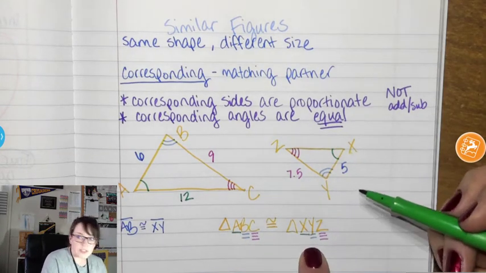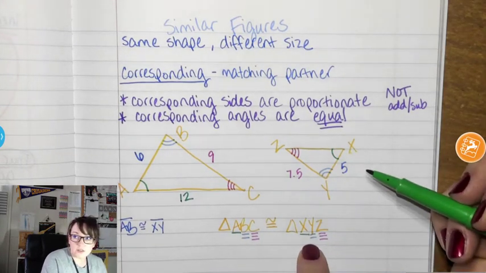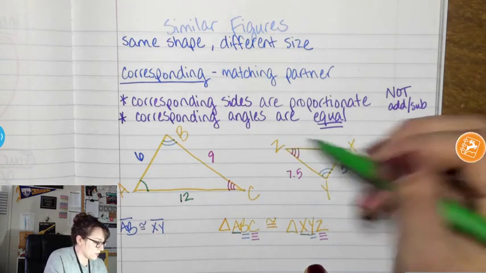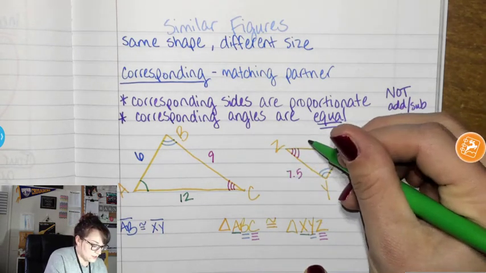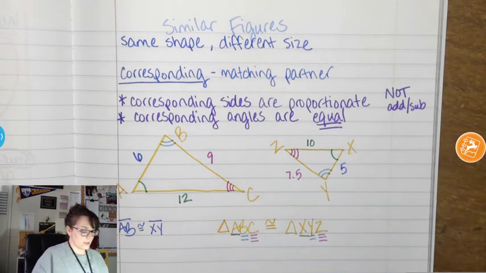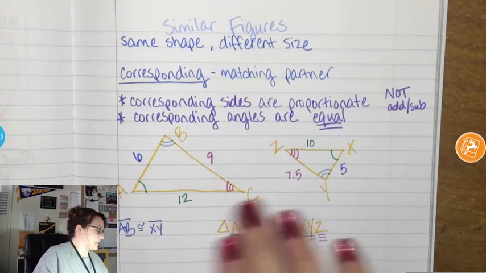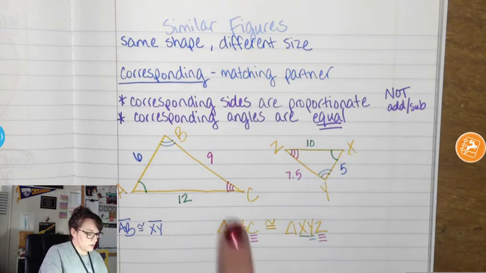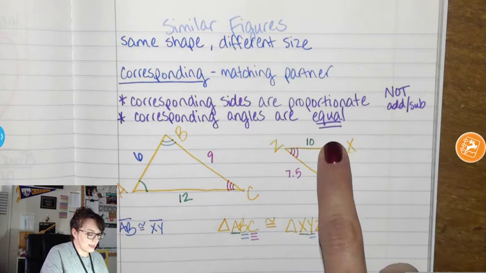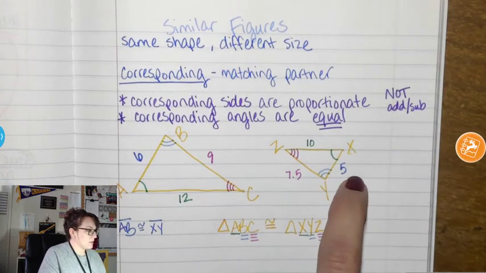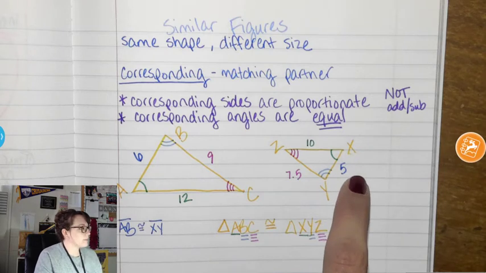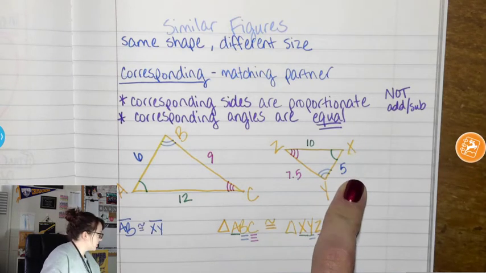And the first letter over here is X, and the last letter is Z, so this is the line that goes with it, and it is 10. Now, the relationship between these numbers is not obvious. We have 9 and 7.5, 12 and 10, and 6 and 5. Some of you are going to say, oh, you just blah, blah, blah. Yes, okay. Sometimes people don't see the relationship you do.